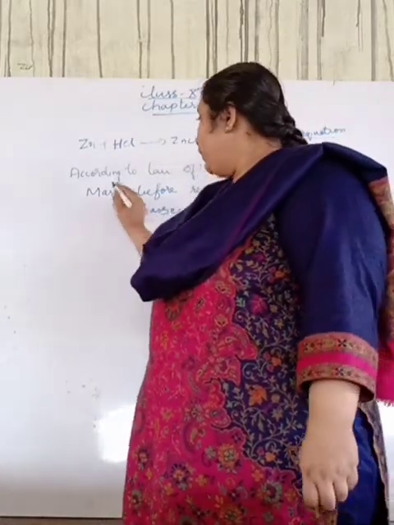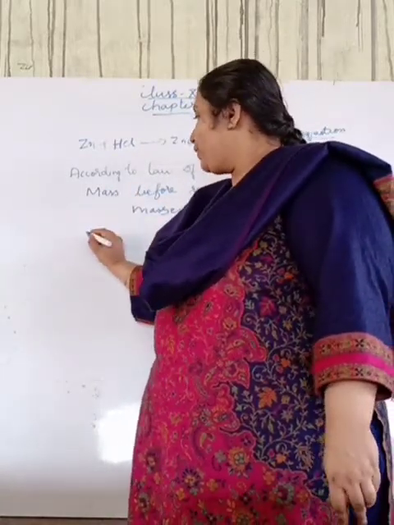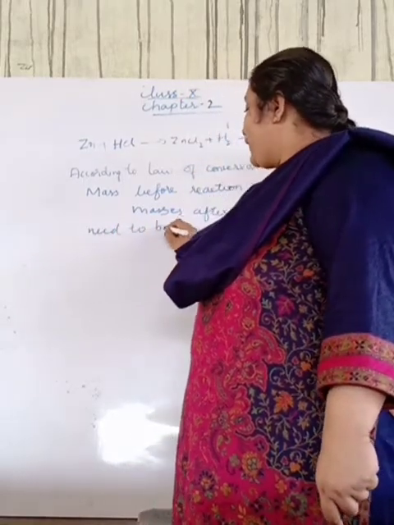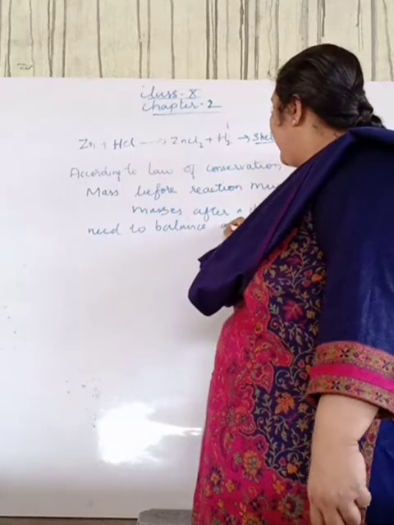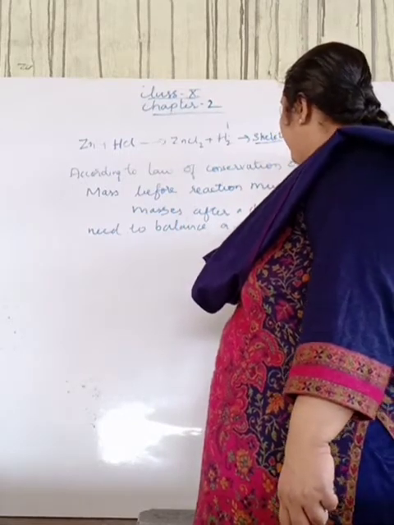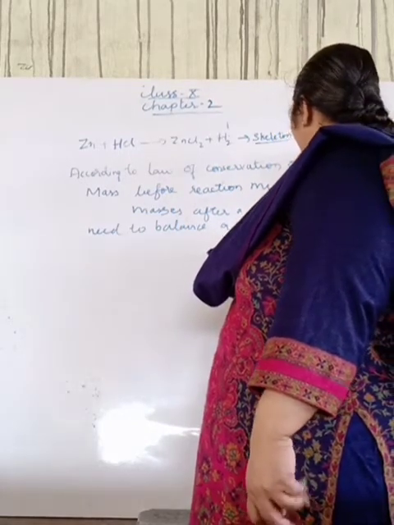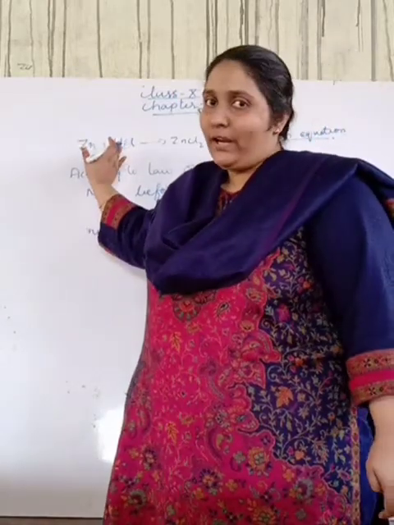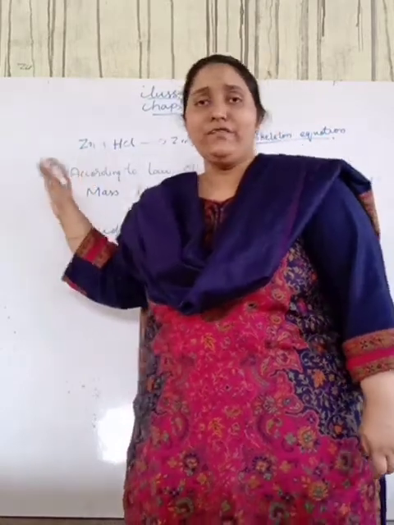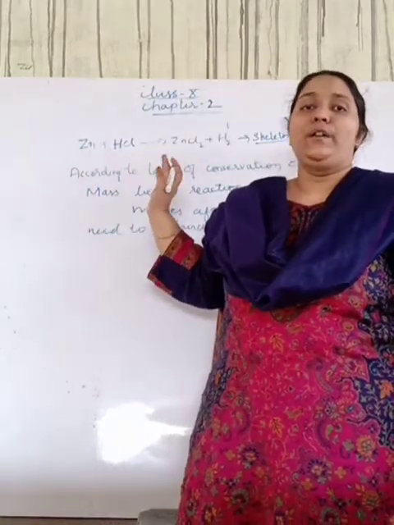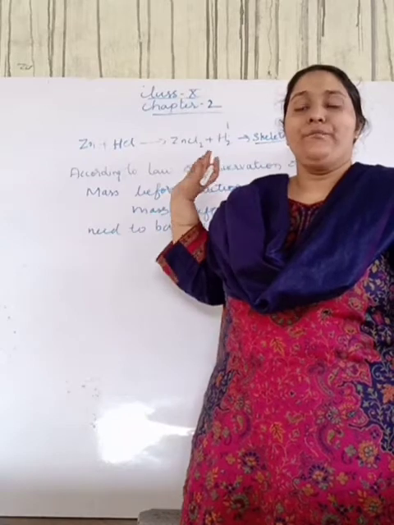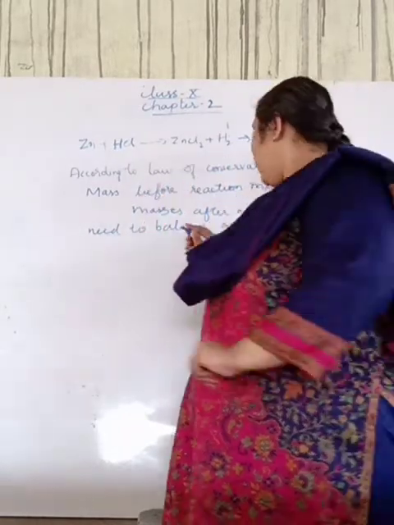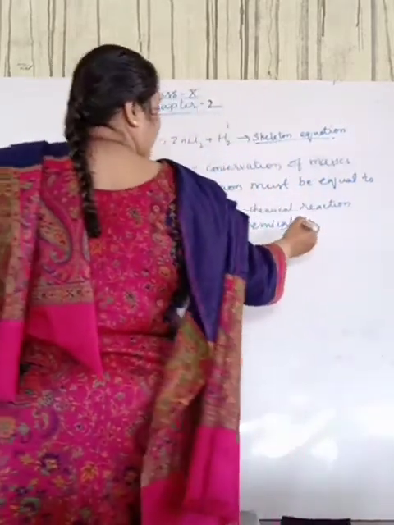According to the law of conservation of mass, there is a need to balance a chemical reaction. So we should equate the number of atoms on the reactant side, that is the left hand side of the arrow, and the number of atoms on the right hand side of the arrow, and make them equal. So we need to balance the chemical reaction.